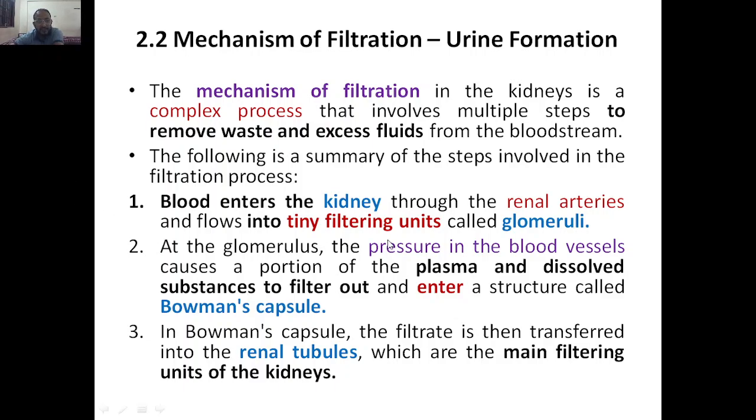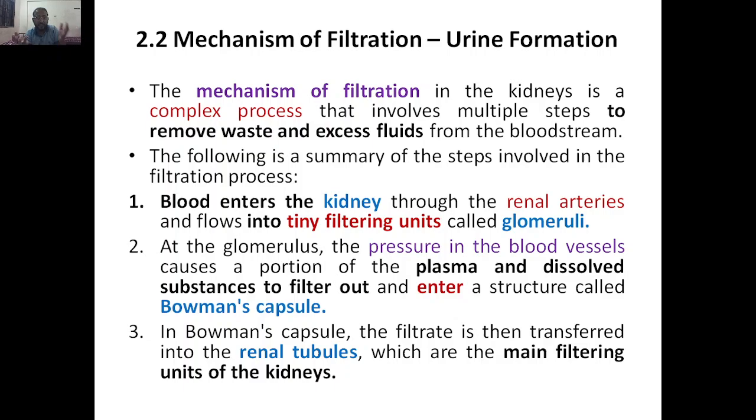Next, at the glomerulus, what happens? Pressure in the blood vessels causes a portion of the plasma and dissolved substances to filter out and enter the structure called Bowman's capsule. So here what happens in the glomeruli? The pressure present in the blood, like the partial pressure we spoke about, partial pressure of oxygen from air to the bloodstream.